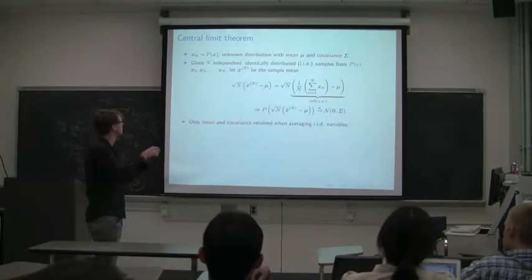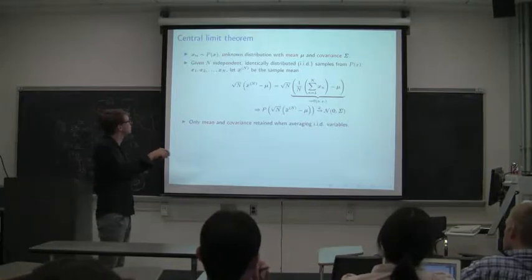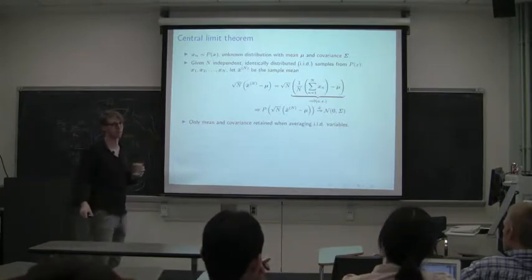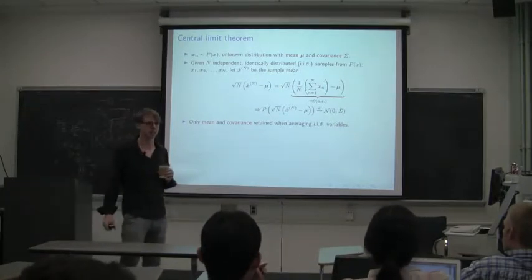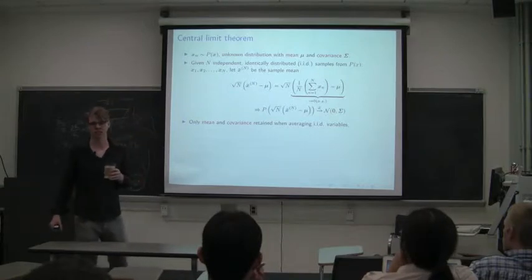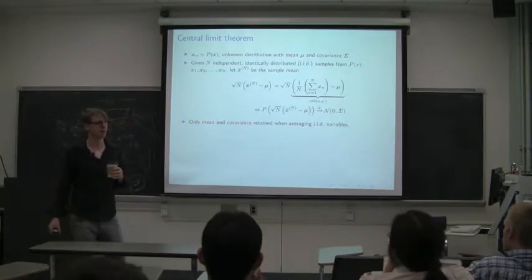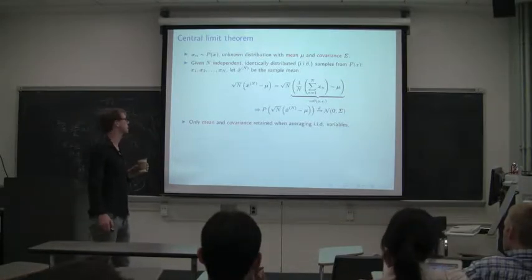The square root of n is there because if we add up n independent samples, we get n times the variance. So if each of those has a covariance of sigma, and we add up n samples, then we get n times that.